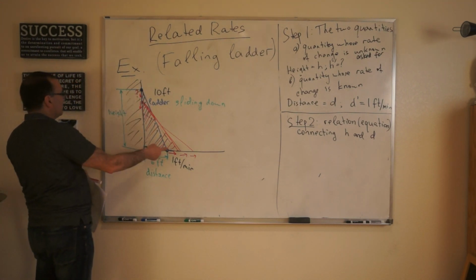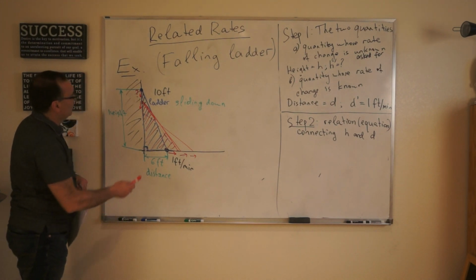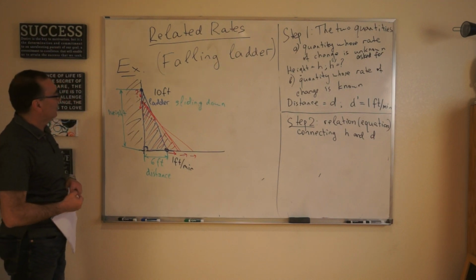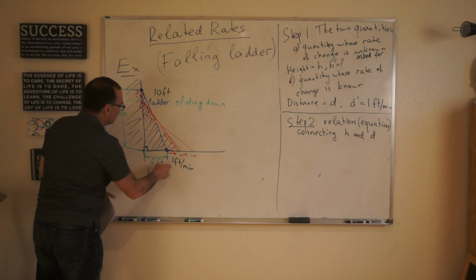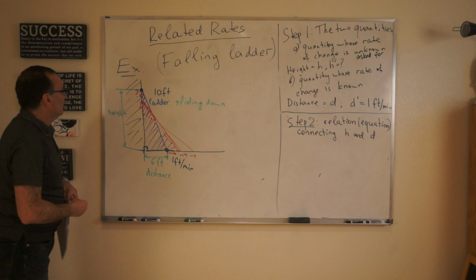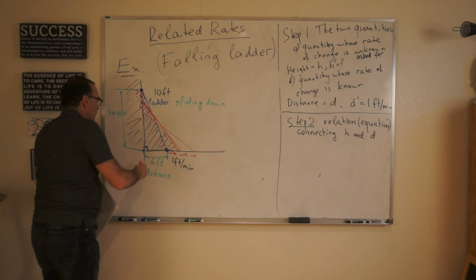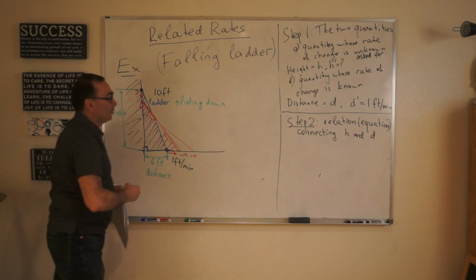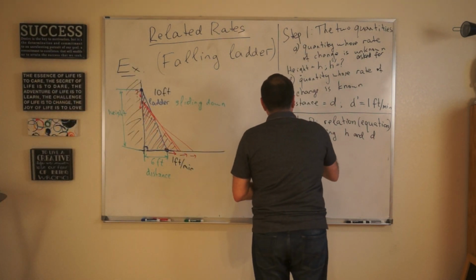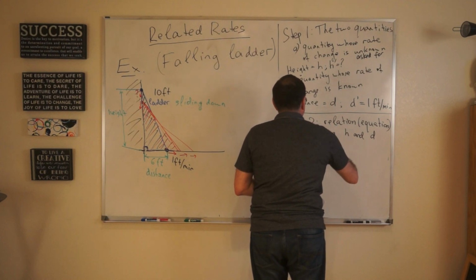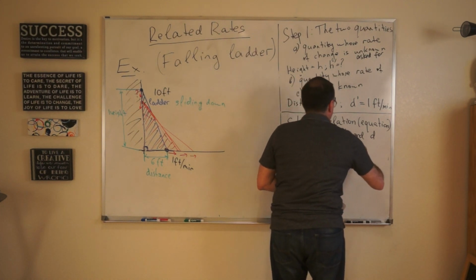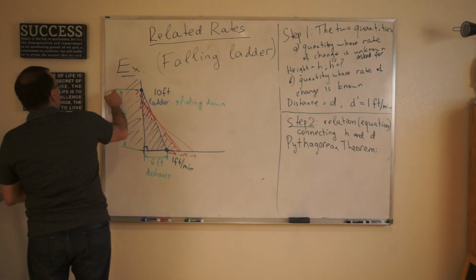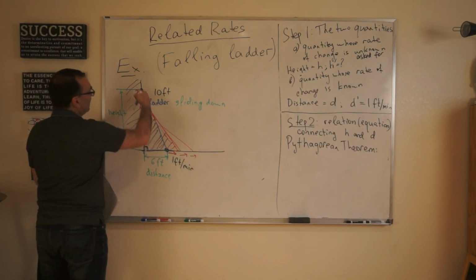And since it is a right triangle, there is a formula. The length of the ladder will be the hypotenuse of this right triangle, and the height and the distance will be the two legs. And there is a formula connecting the two legs and the hypotenuse of the right triangle. This is the well-known Pythagorean theorem: the leg squared plus the other leg squared equals the hypotenuse squared.